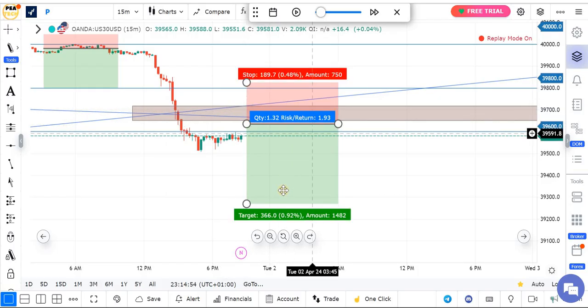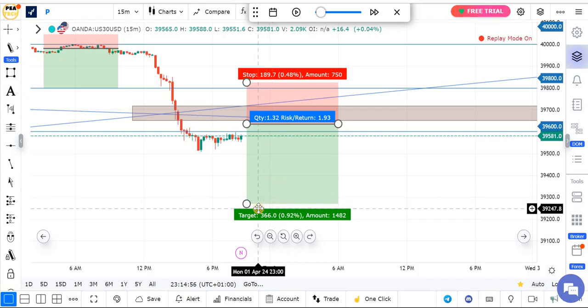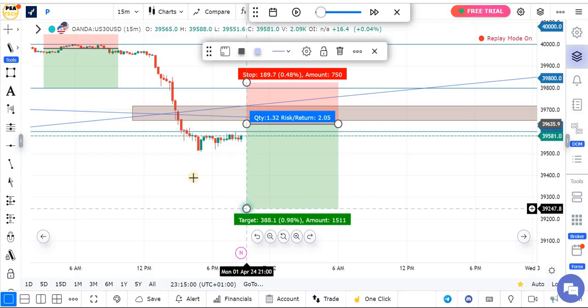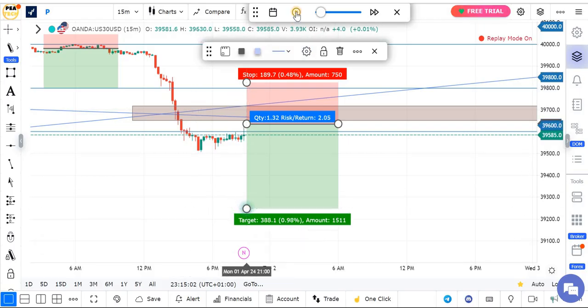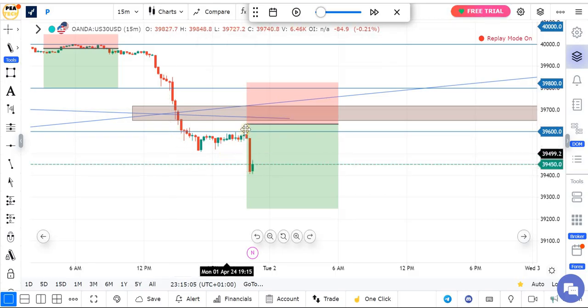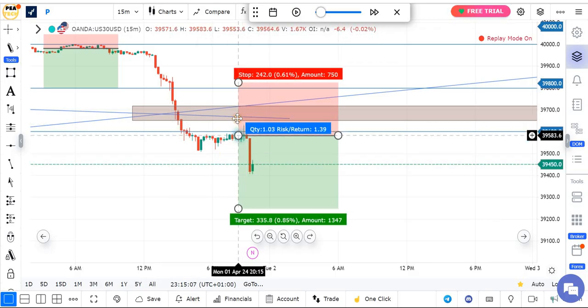If everything happens successfully for you like this, just target 1 to 2. Let's play it and see what happens. Was our trade activated? Yes.